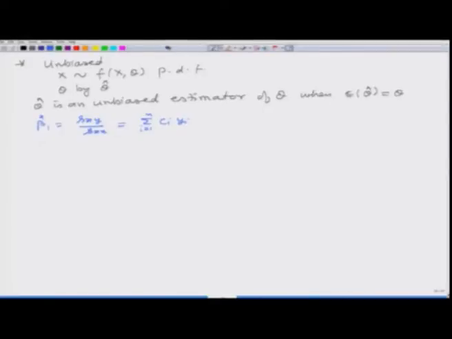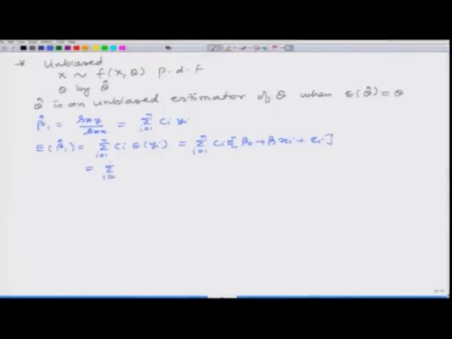So, when I take the expected value of beta 1 hat, this becomes summation i from 1 to n Ci times expected value of yi. Now, the question is, what is the expected value of yi? The expected value of yi is beta 0 plus beta 1 xi plus epsilon i.